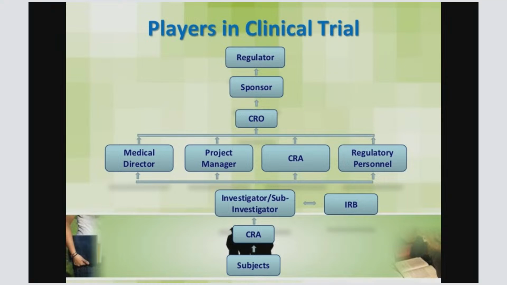So these are all the major players in clinical trials. And as I said, if you become a part of the entire course, this is just an introduction. These would be studied in detail. Yeah, next slide, please.